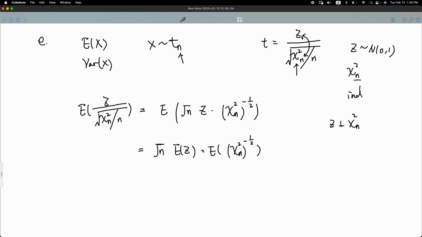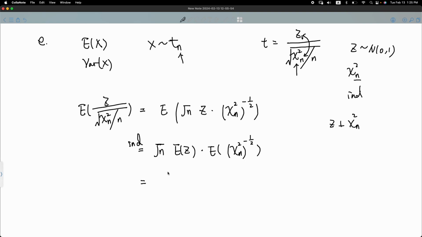The reason you can decompose is because Z and the chi-square are independent. That's why you can write it as a product, and this independence comes from the definition of the t distribution.